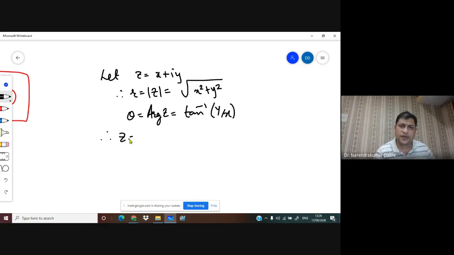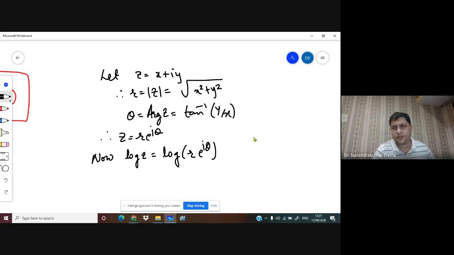We can write z as r e raised to i theta. This is the Cartesian form and this is the exponential form. Now consider log of z, so we consider log of r e raised to i theta.